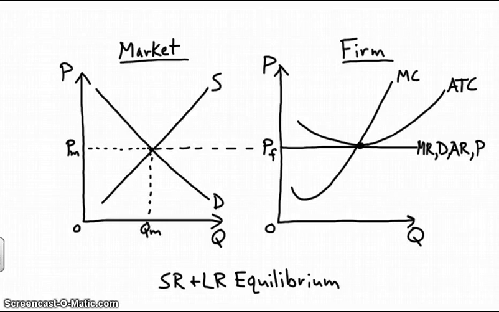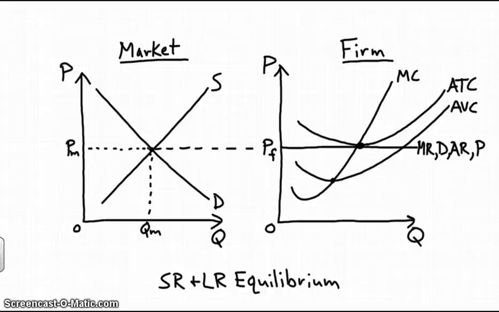Then I also want to draw my average variable cost curve. Remember, the average variable cost curve is below the average total cost curve, where marginal cost intersects with it at minimum AVC. That is known as the firm's shutdown price.